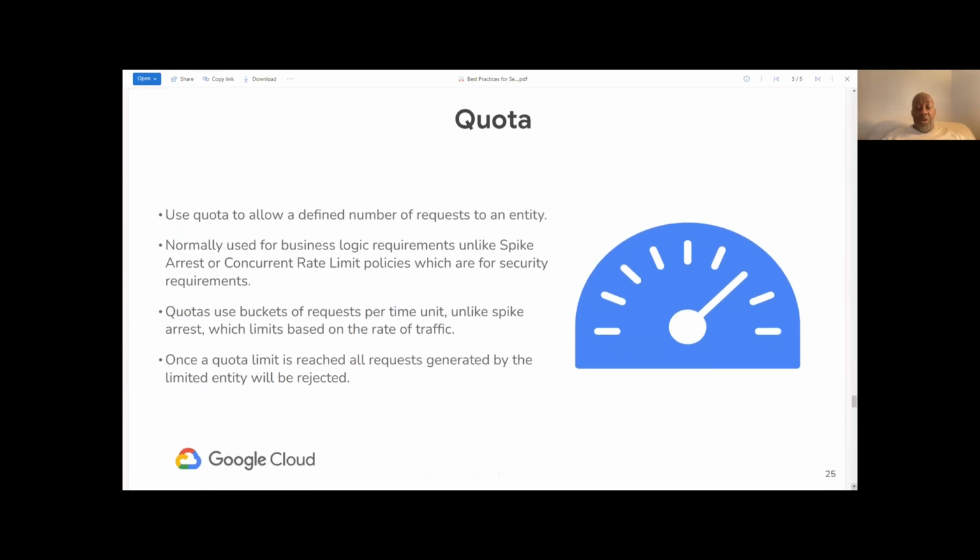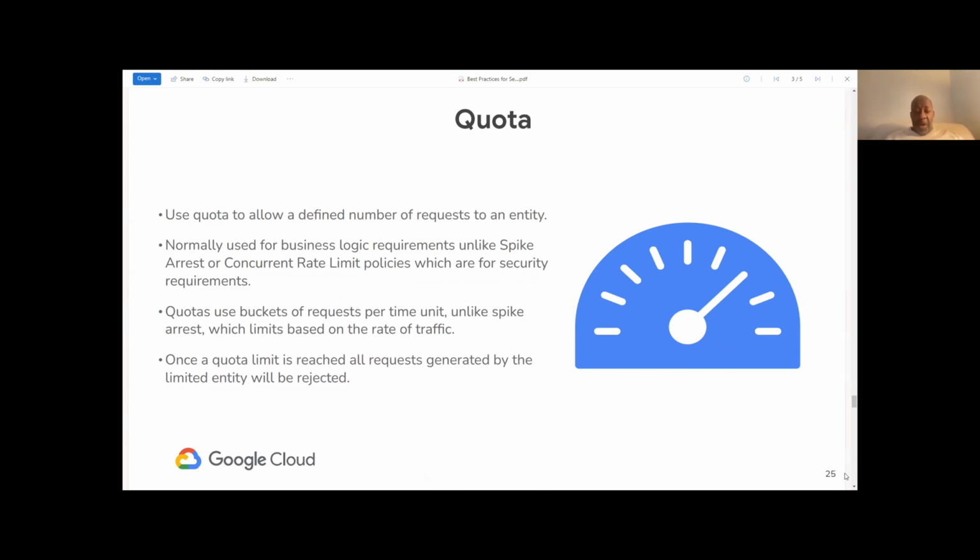You can set quotas as well on APIs, so that you can allow a certain amount of traffic and then deny the rest. I actually find using rate limits more than quotas. I don't have many clients that have specific buckets of use for requests, but ultimately it really depends on the use case.